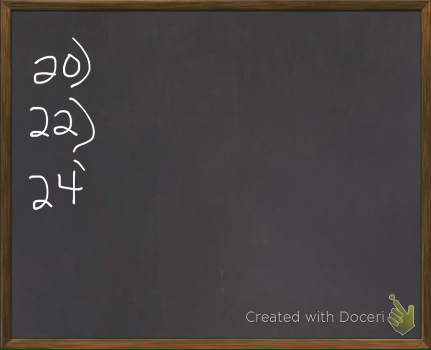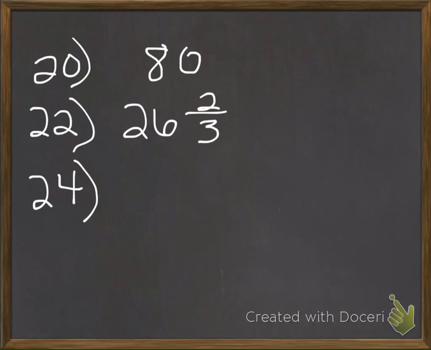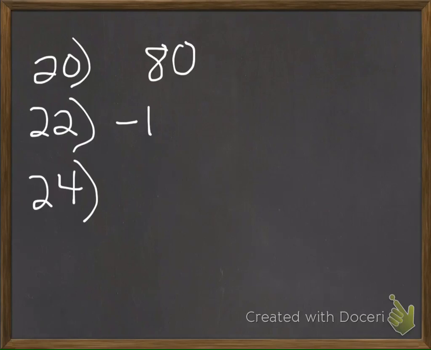All right, I'm going to write the answers to number 20, 22, and 24 on here so that you have them, and then we're going to go ahead and skip down to 26 once you get a chance to check your answers. All right, 20 is 80, 22 is negative 10 and 8/10, and then 24 is negative 16 and 5/10.